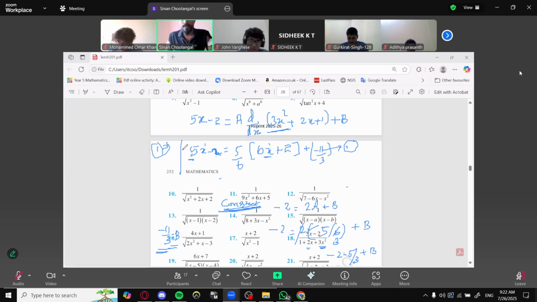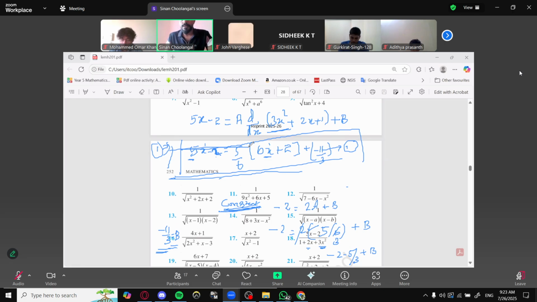This is the numerator value. Make a box. This is how the procedure is working, my dear. 5x minus 2 equals 5 by 6 times 6x plus 2, negative 11 by 3. It's fine.